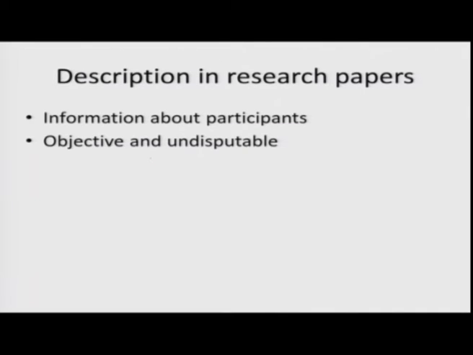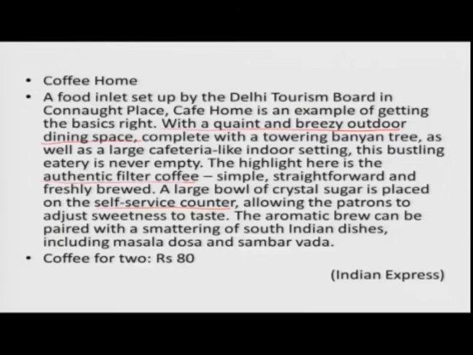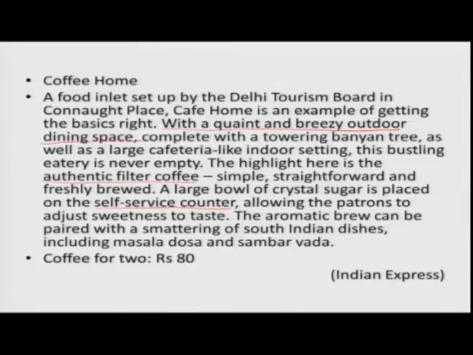and it is contrasted with subjective description. So, I am going back to this example. This you can say is a subjective description. Here the writer likes this place, and hence you have positive images about this place. So, for example, authentic filter coffee, simple, straightforward and freshly brewed.